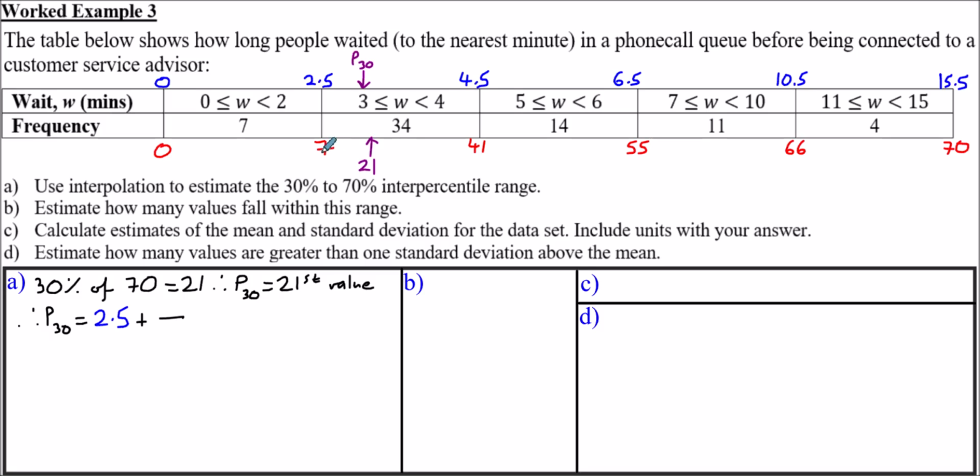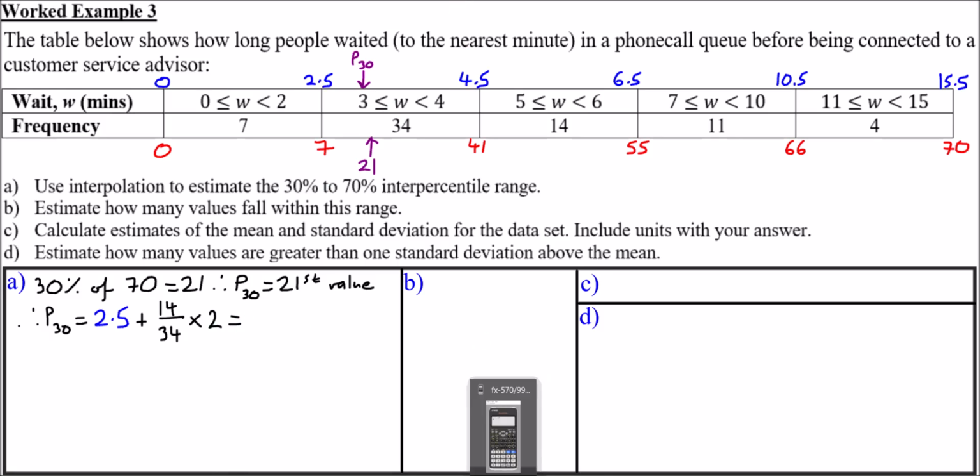It starts at 7, but with 21 in. So how far in is the 21st after the 7th? We do 21 minus 7, which gives us 14. So it'll be the 14th one out of 34. So we add on this fraction, 14 out of 34, of this class width. From 2.5 to 4.5 is a width of 2.